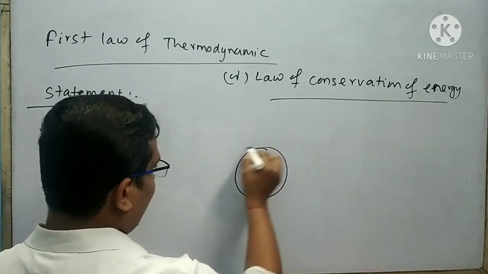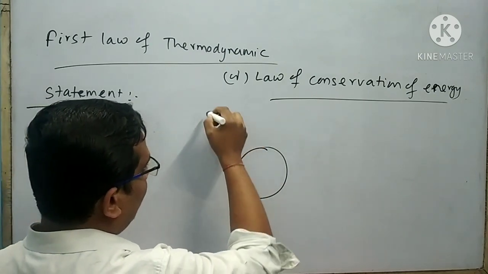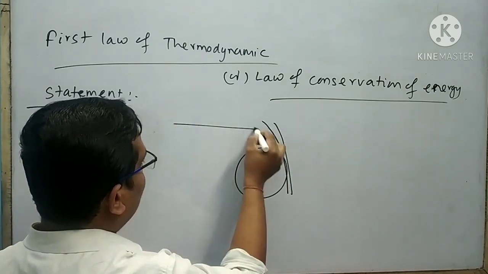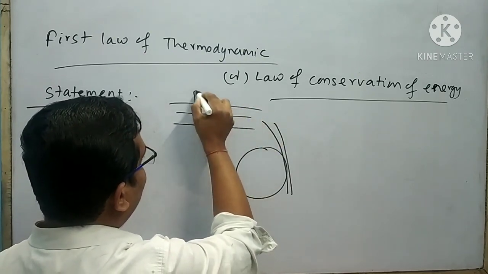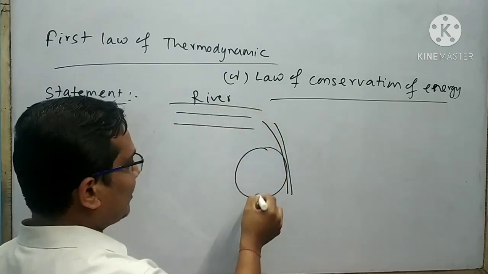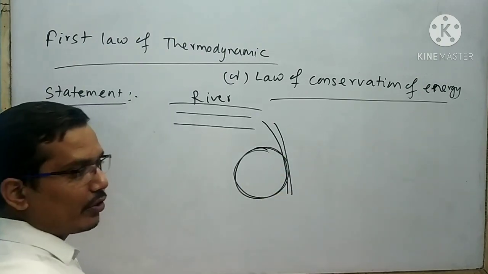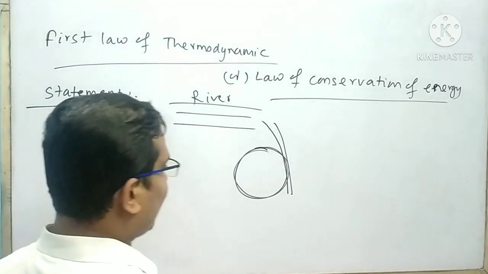This is your turbine. The water falls on the turbine like this. The water comes from the river. Then the turbine will start to rotate and produce electrical energy.